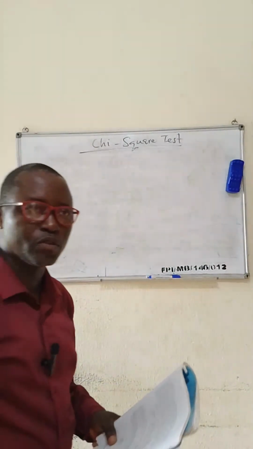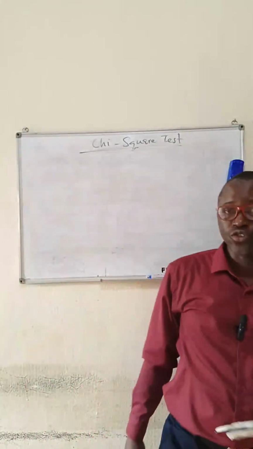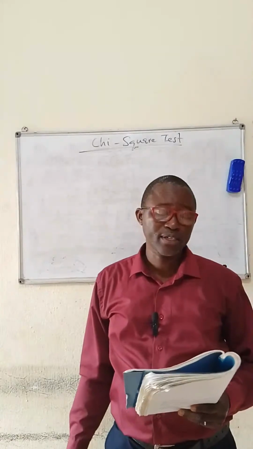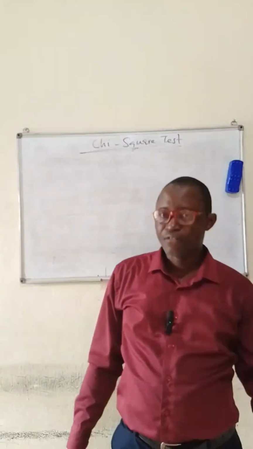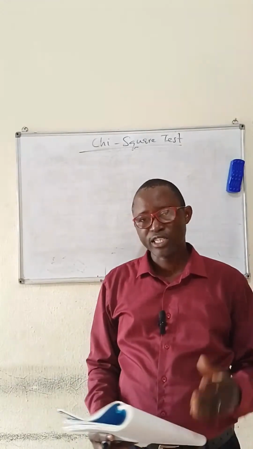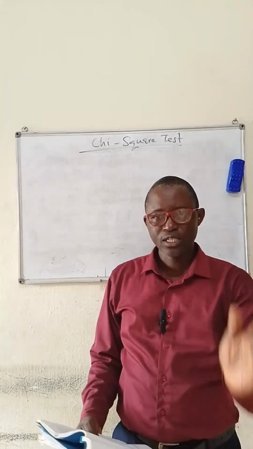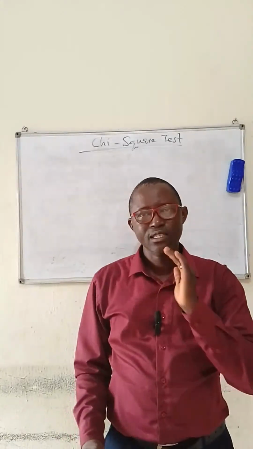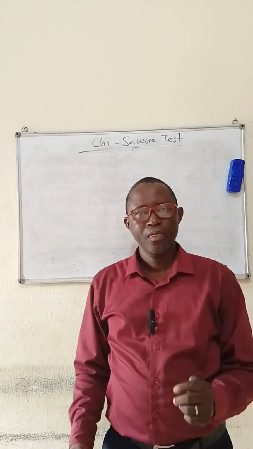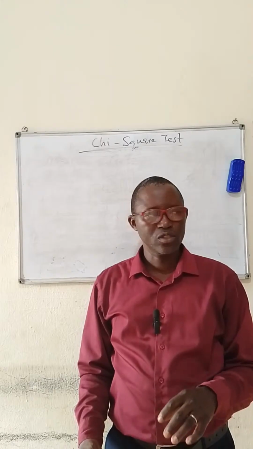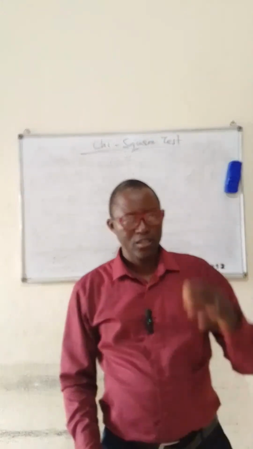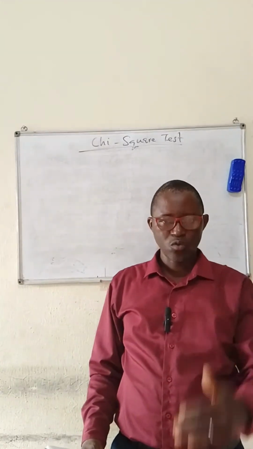With a chi-square test, we are able to observe the differences between the observed frequencies and the expected frequencies. When you are given data, there's something you expect to happen from one set of values to the other, that is, one variable over the other. The chi-square will help us detect whether there's an influence of one variable over the other, between what we observe and what is expected.